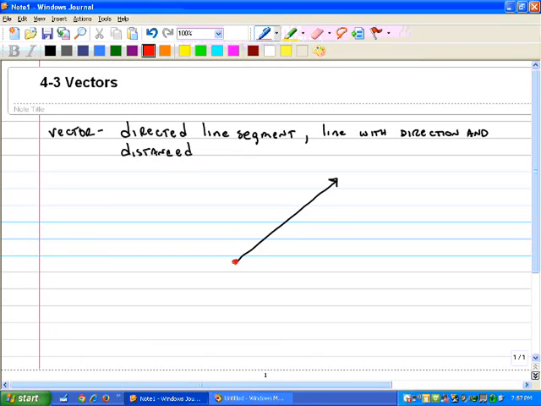The tail of the vector, or the origin of the vector, is known as its tail or its initial point. The head of the vector, or the arrow end of the vector, is known as its terminal point.